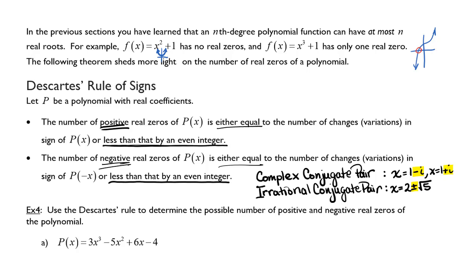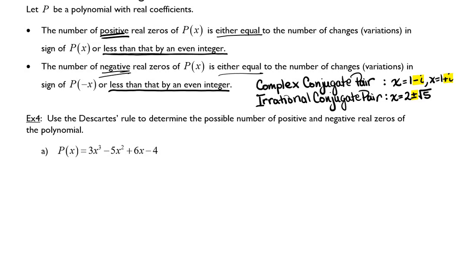So let's try an example now that we've talked about how you can find how many zeros to expect. Exercise 4. Use the Descartes rule to determine the possible number of positive and negative real zeros of the polynomial. For the positive real zeros, we just look at the sign changes.